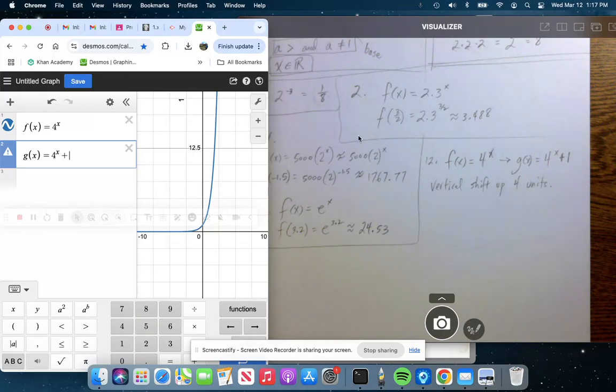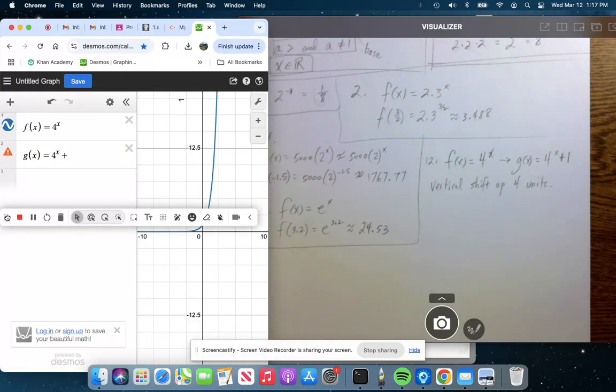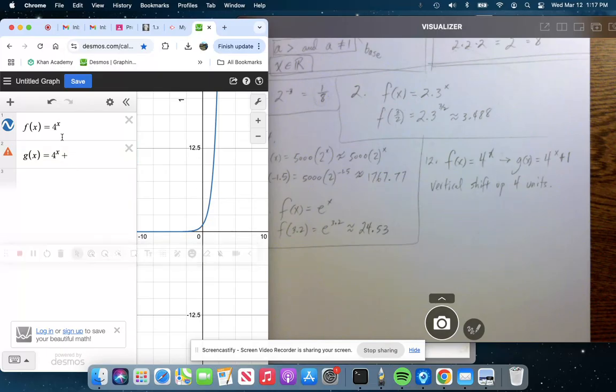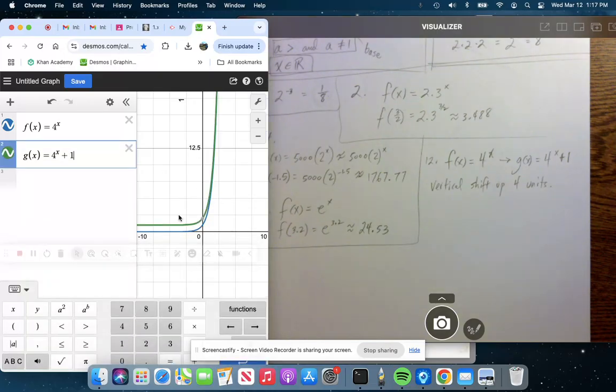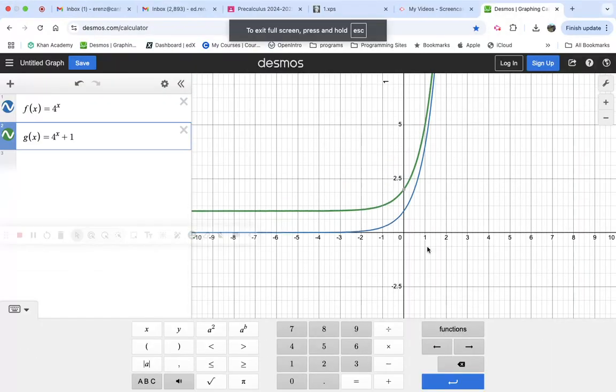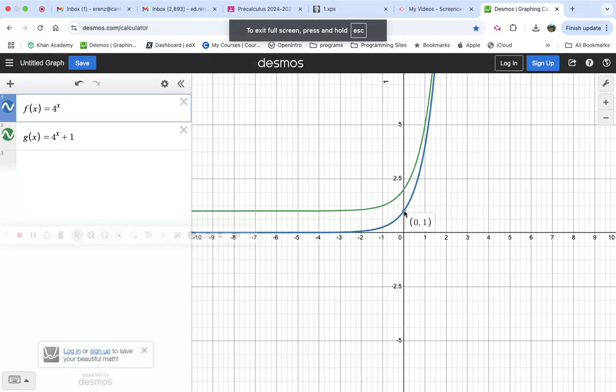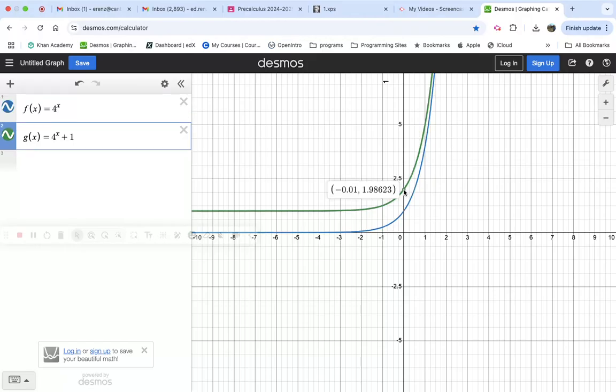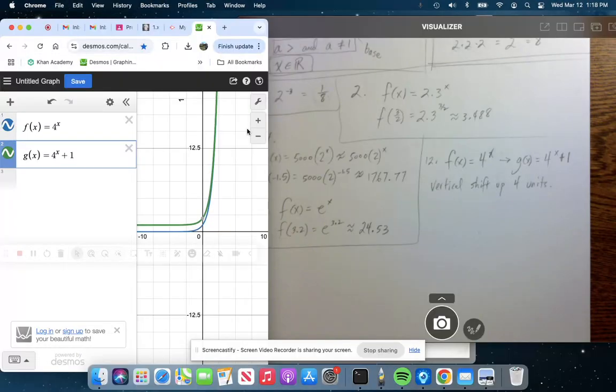And what that should do is just take this original graph here, and it should move everything up 1. There it is. So it went up from here, where it crossed at 1. Now it should be crossing at 2. There it is. All right, so bumped everything up 1. Wherever it was crossing, it now crosses up 1 higher. Okay. So that was number 12.